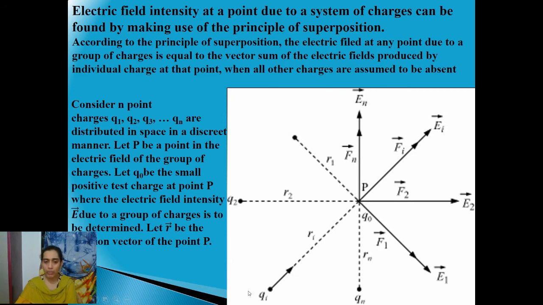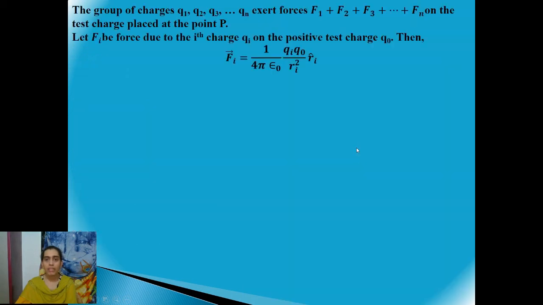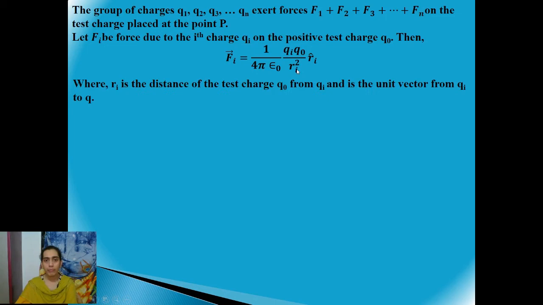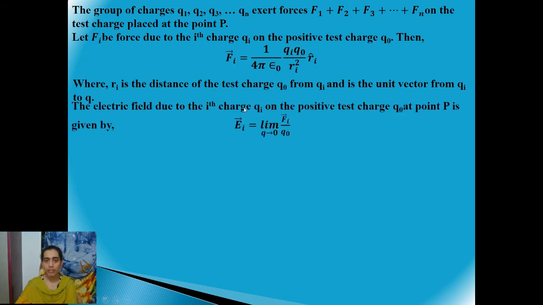So this Qi charge is exerting force on this test charge Q naught at point P, that is given by vector Fi, and mathematically I have written it here in this way. Where Ri is the distance between this ith charge and the test charge, and Ri cap will be the unit vector which will give the direction of this force which is exerted due to the ith charge on the test charge.